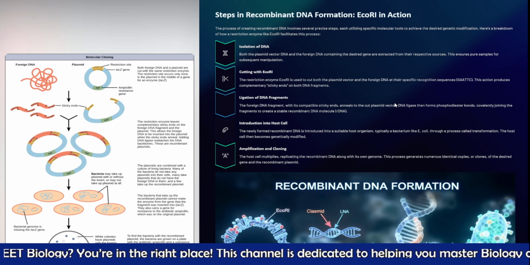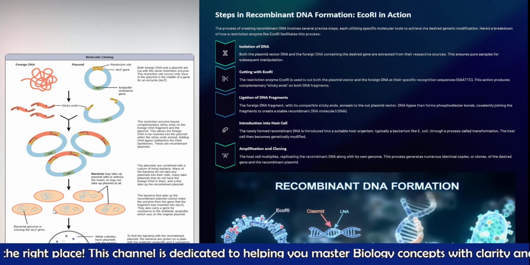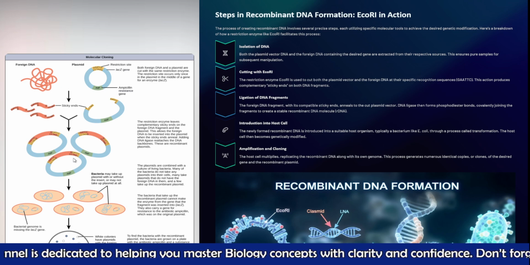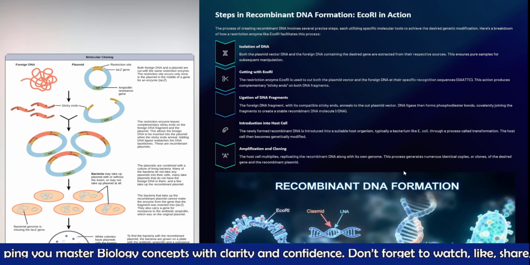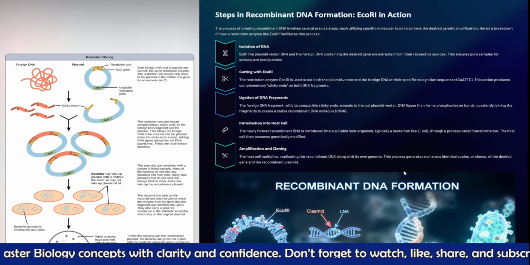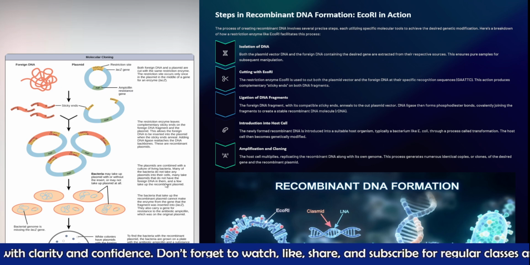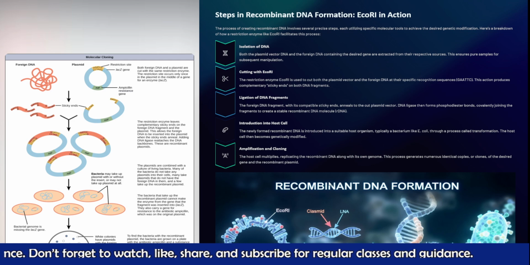DNA ligase. Okay. Then introduction into the host cell. This recombinant DNA will be introduced into the host cell, and then amplification. Okay, copying of the DNA. That's the mechanism. So remember all the steps involved in the production of recombinant DNA.